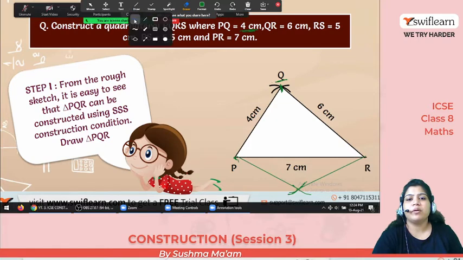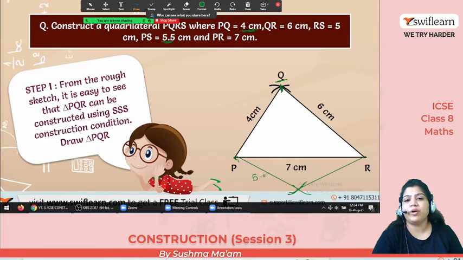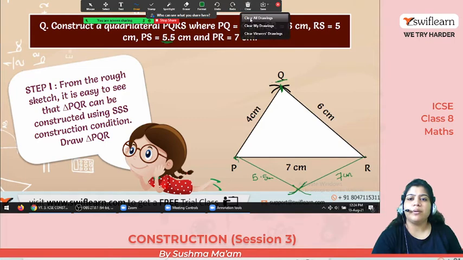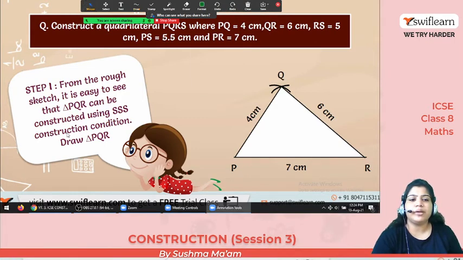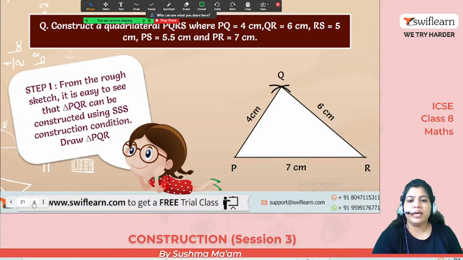Okay, so here as you can see it's 5.5 centimeter and this one is 7 centimeter. So that's for your final quadrilateral. Okay, so we have to write down step by step and then we have to construct.